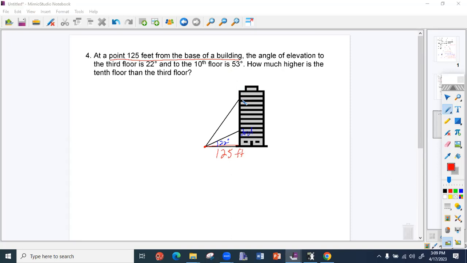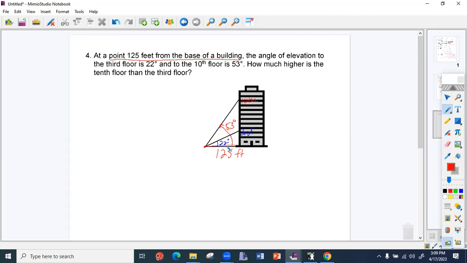To the 10th floor up here, my angle of elevation is 53 degrees. So this whole elevation is 53. Does that make sense?